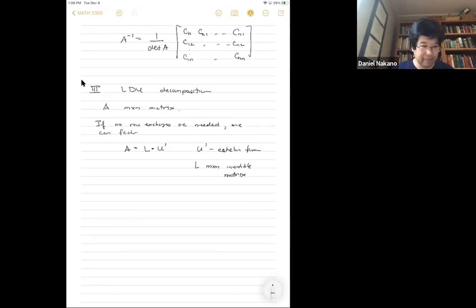Let me see, how do we want to do this? We'll just do an example later on. Okay, I'll give you an example. So this is a matrix obtained by looking at elementary matrices.